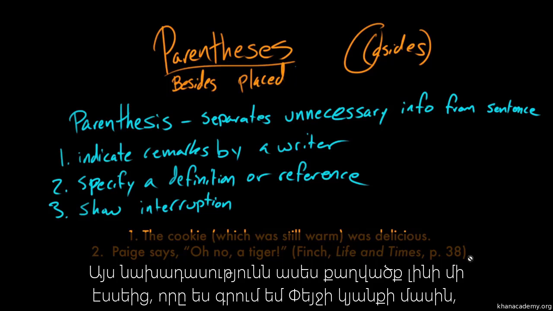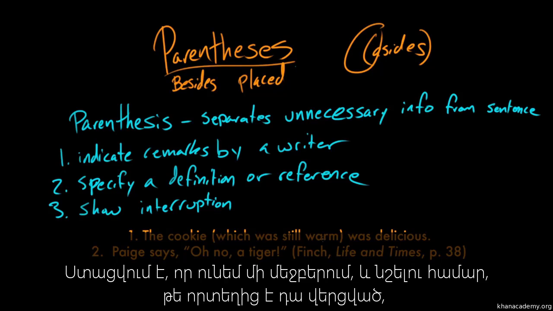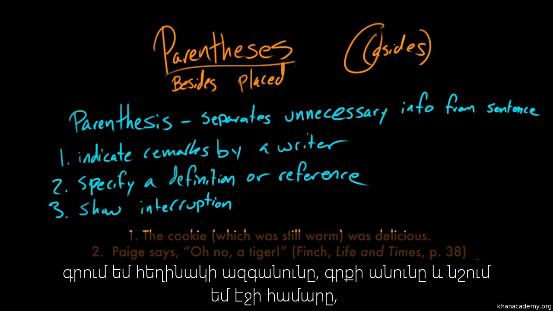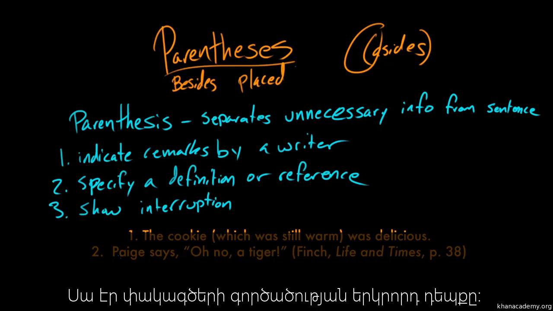Let's say this sentence is like an excerpt from some essay that I'm writing about Paige's life and times, which I've italicized here because it is a book. So I have the quote, and then in order to say where that reference comes from, I give the author's last name, the name of the book, and then page 38. And all of that is inside parentheses, like so. That's the second use of the parenthesis.